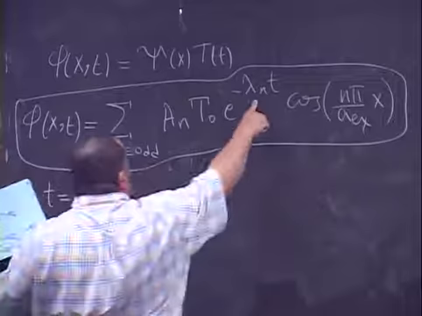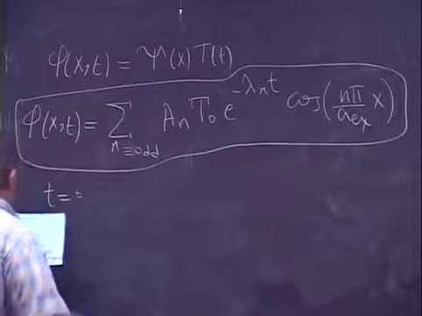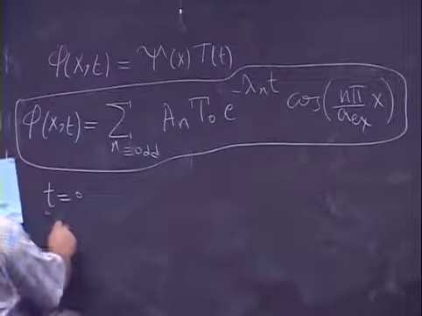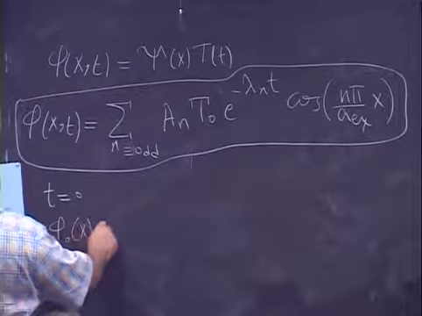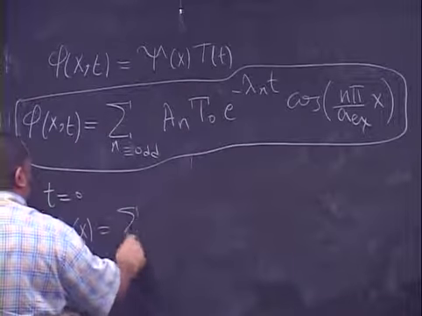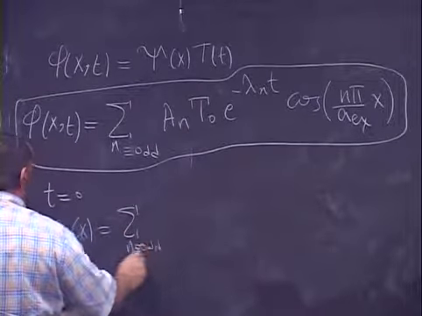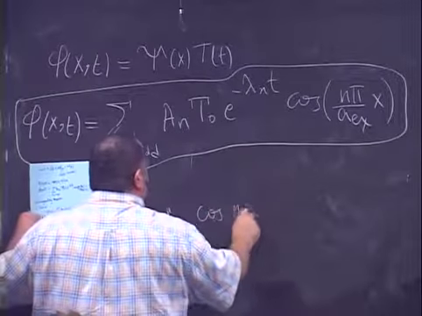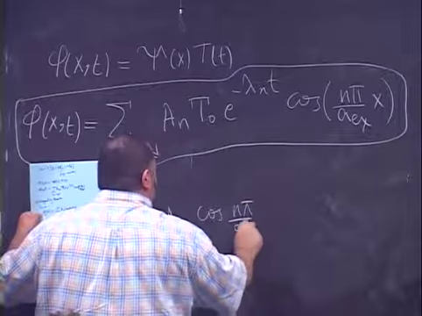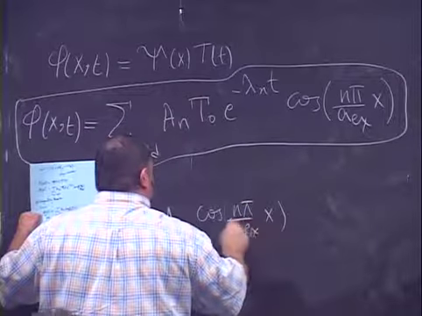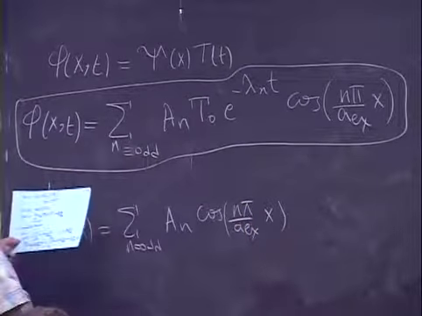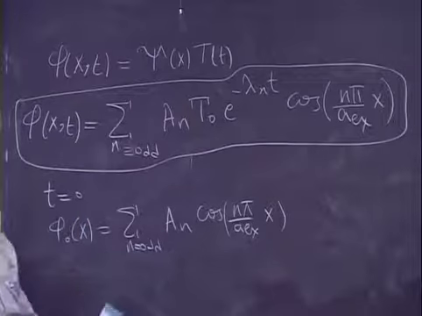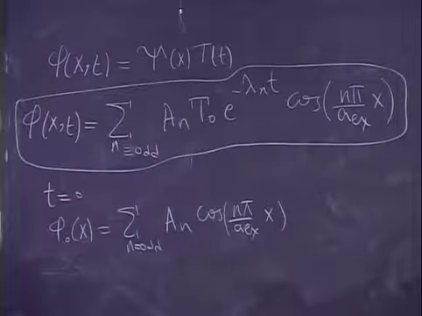This will be equal to what? 1, and I have phi naught of x equal to summation over n odd an cosine n pi over a extrapolated multiplied by x. So now I can calculate this from something called the orthogonality property.